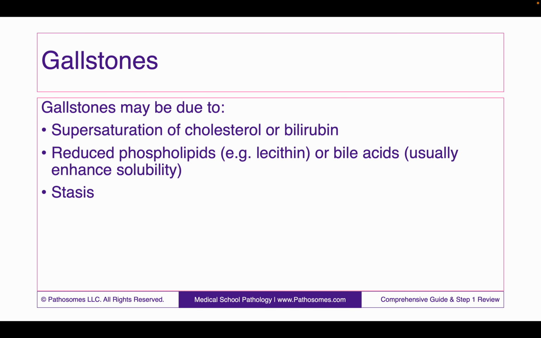Now, gallstones may be due to a number of things, which include supersaturation of the cholesterol or bilirubin. Could be due to reduced phospholipids, such as lecithin or bile acids, which usually enhance the solubility. And they can also be due to stasis, the fluid just being stagnant, allowing the development of the stones.